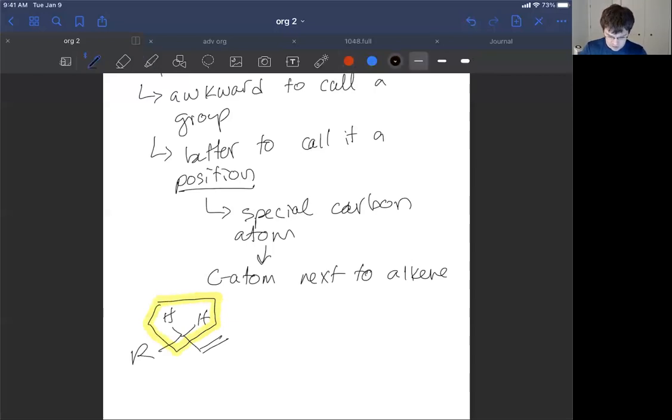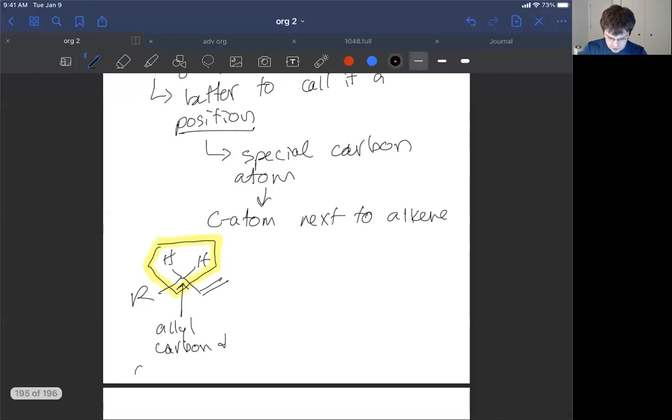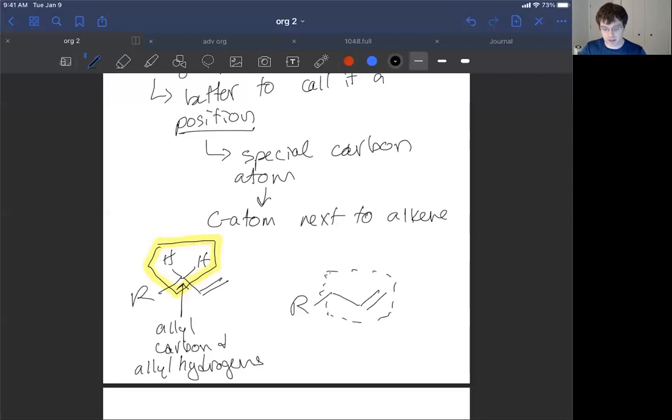This is the allyl carbon and the allyl hydrogen atoms. And so those are what I think we should focus on. However, if we are going to talk about the functional group, we would say that this whole thing with the alkene, the allylic carbon along with the alkene, that is the allyl functional group.